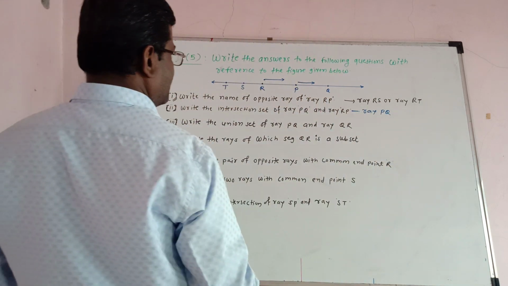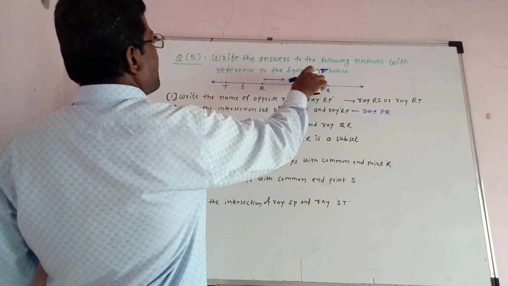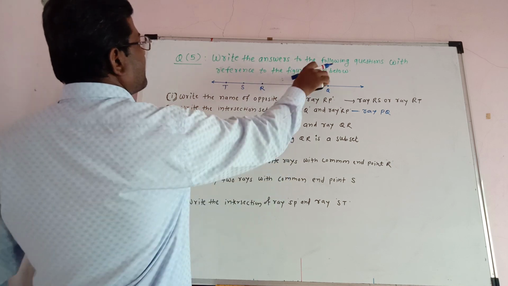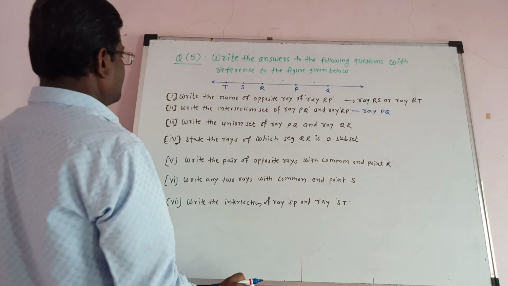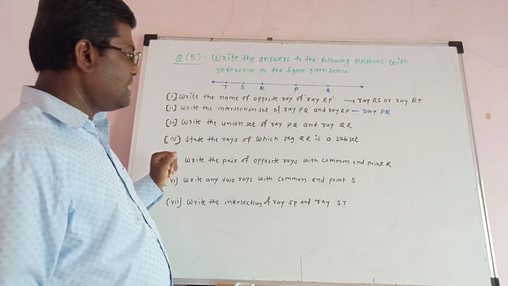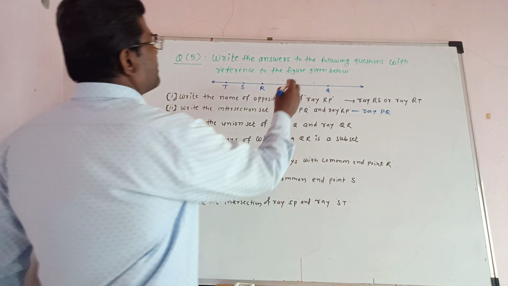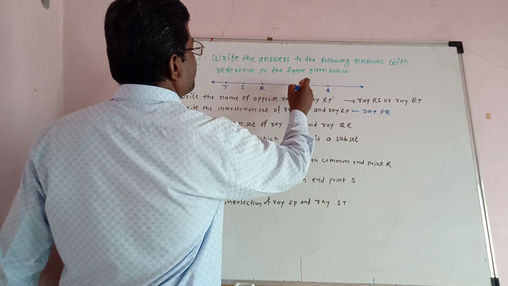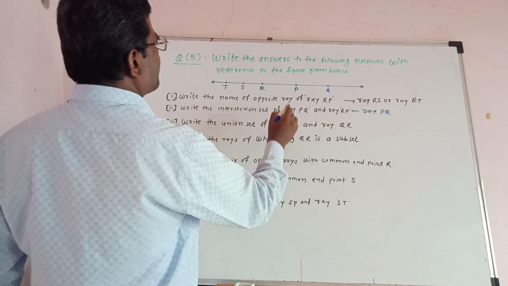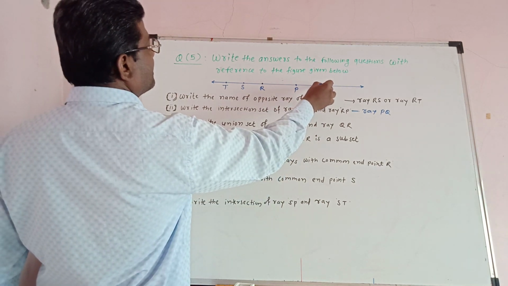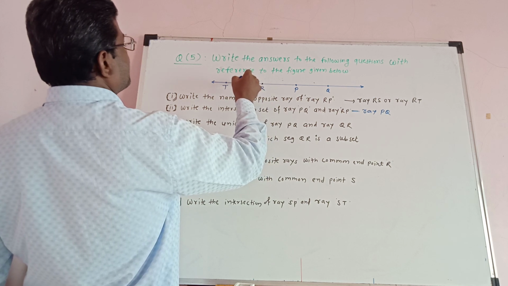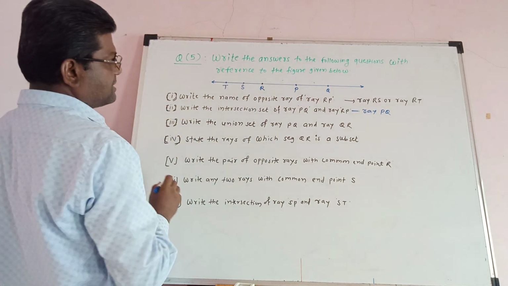So ray PQ is the intersection of ray PQ and ray RP here. Now question number 3. Write the union set of ray PQ and ray QR. Ray PQ means from point P to Q and infinitely. Ray QR means from point Q to P, P to R, R to S, S to T, in this direction.